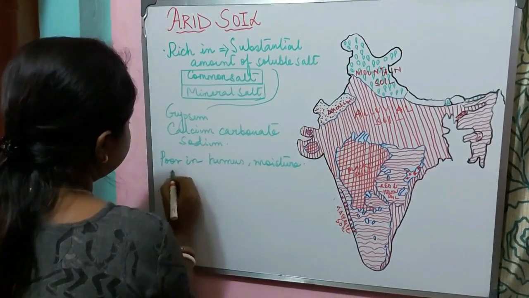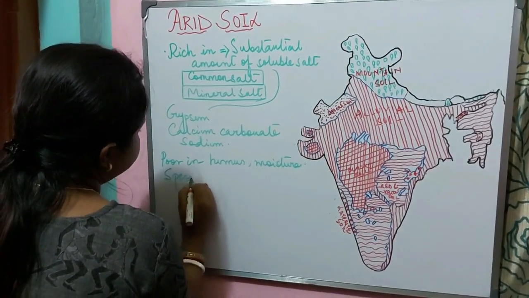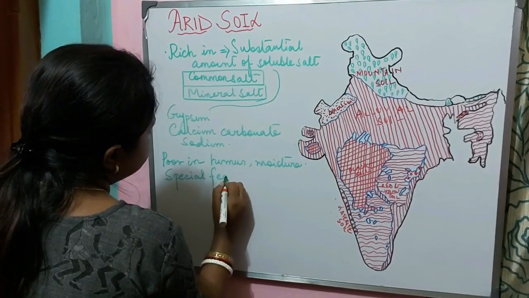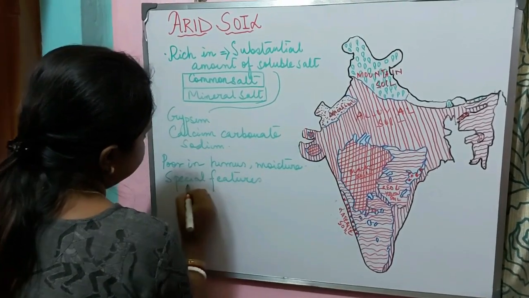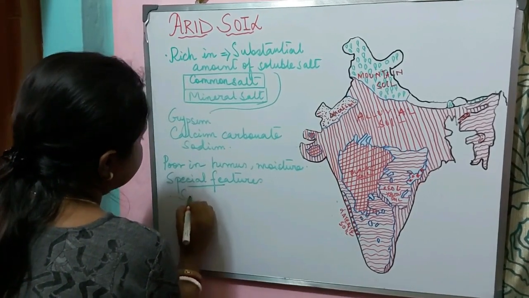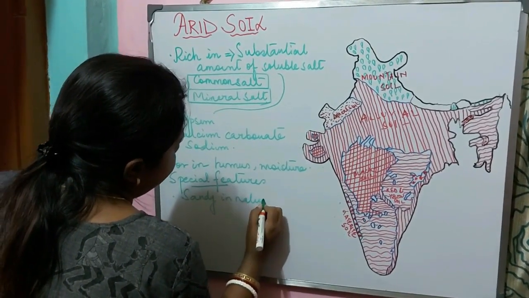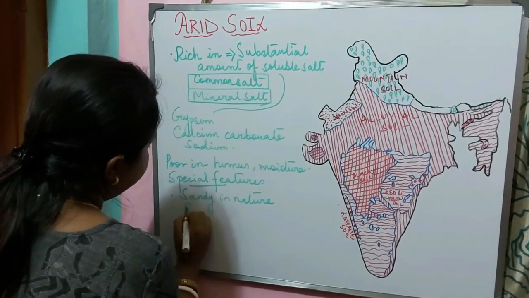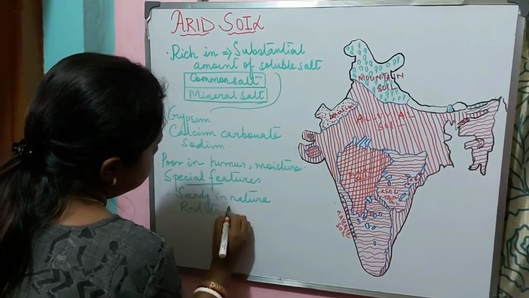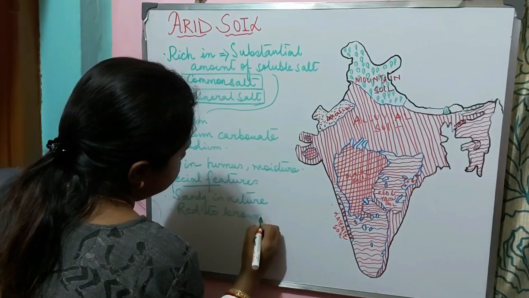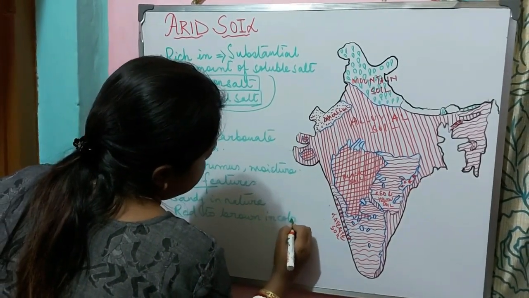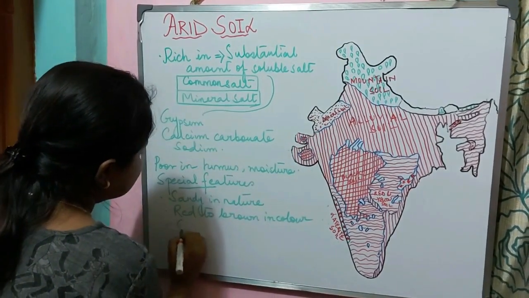What are the special features of this soil? They are sandy in nature. And what is the color? Red to brown. It is also saline.